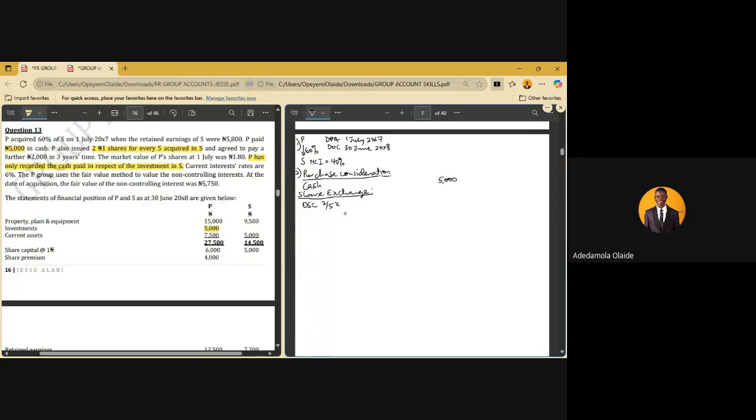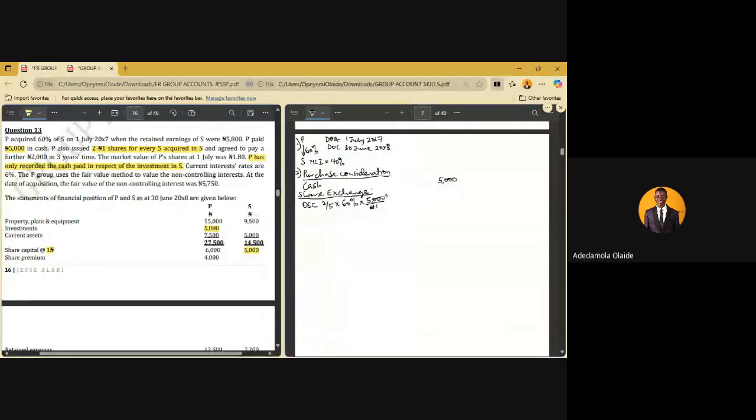We know they are acquiring 60% of their shares. Their share capital is 5,000, so 5,000 divided by the nominal value of 1 naira.